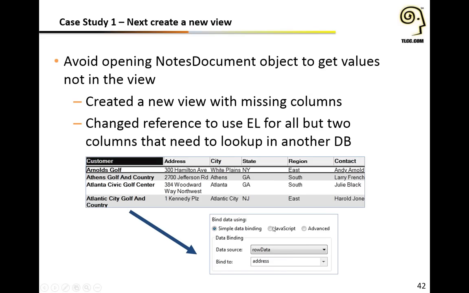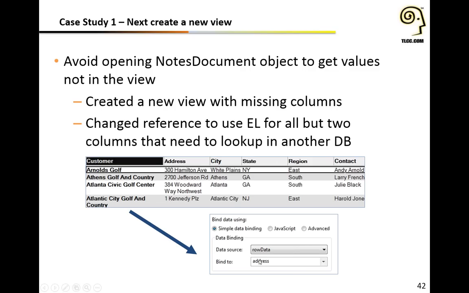The next thing I did was I didn't want to open up the notes documents. Some of the values in the view, I was having to open up the notes document to get the address and the state. And instead, I just created a new view that had those missing columns.